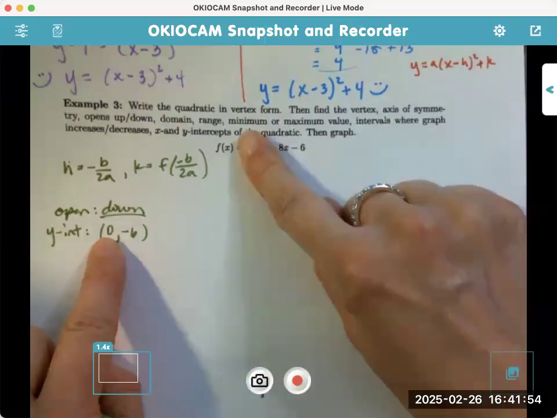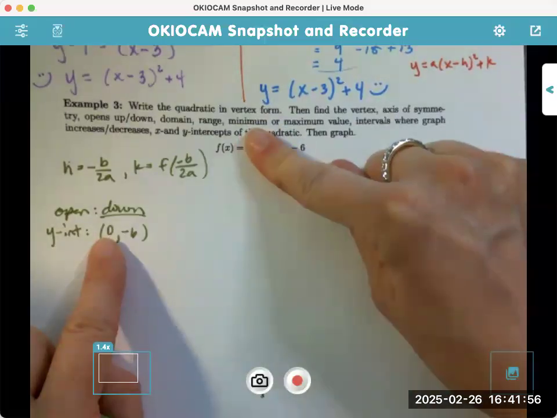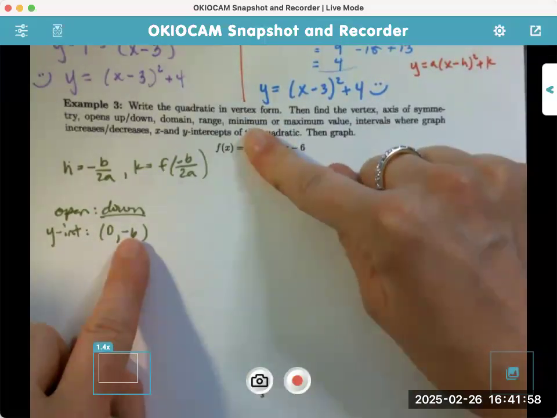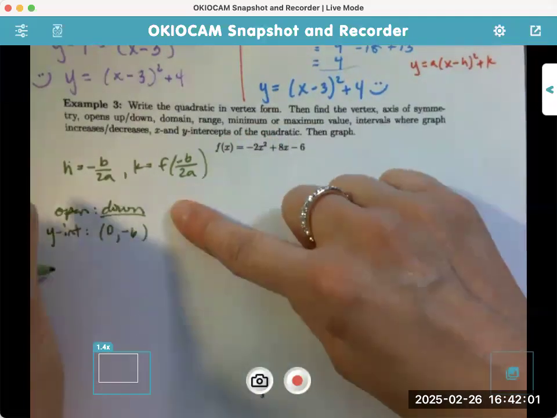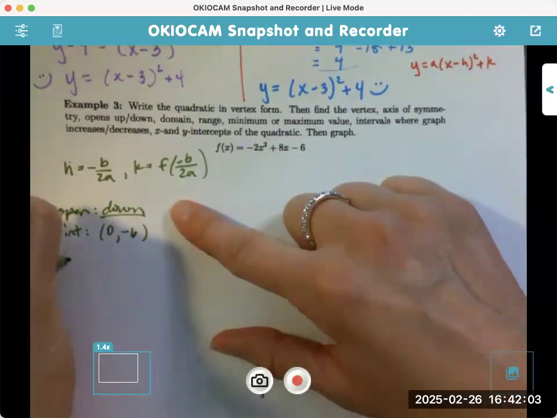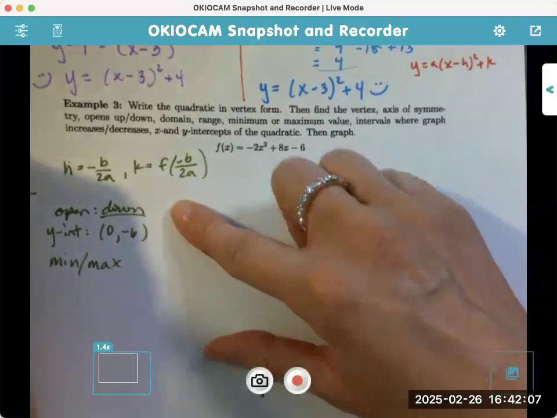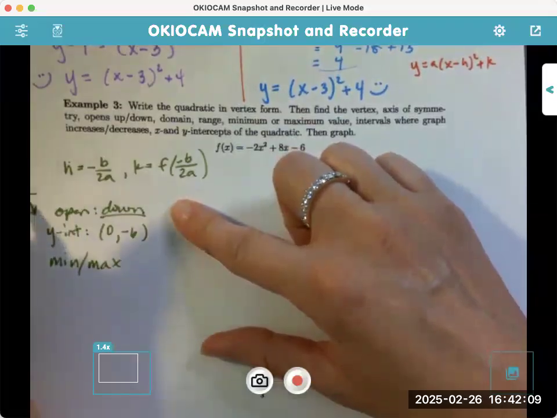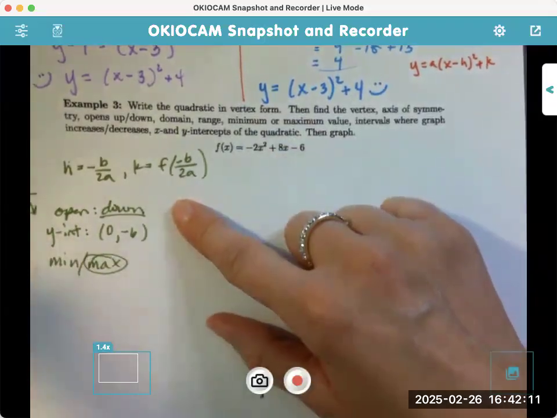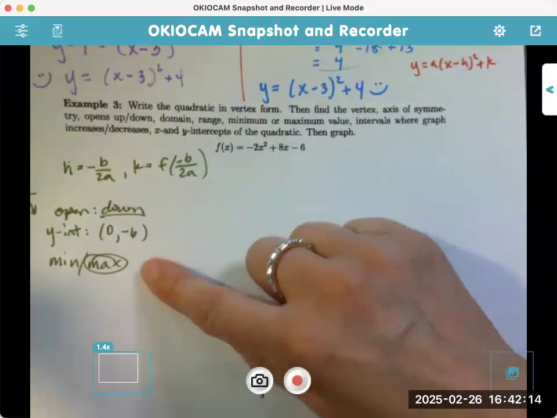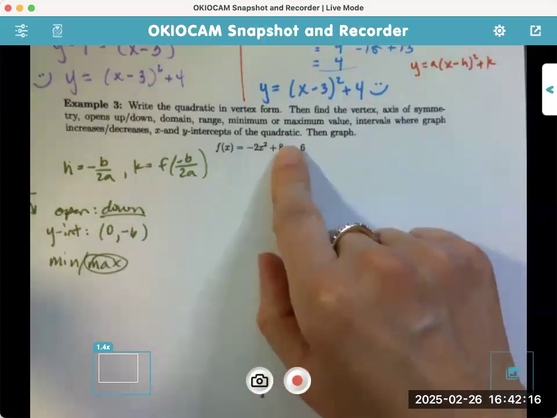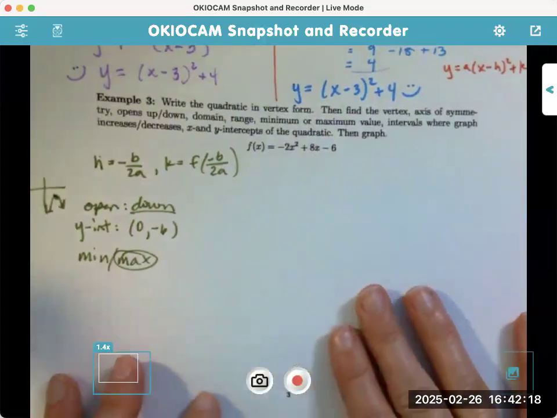So if these two things are 0, then y, or f of x, equals negative 6. Ta-da! Another thing I know is that if I open down, that means my vertex is a max. So those are three things that in standard form we can just pull out right away.